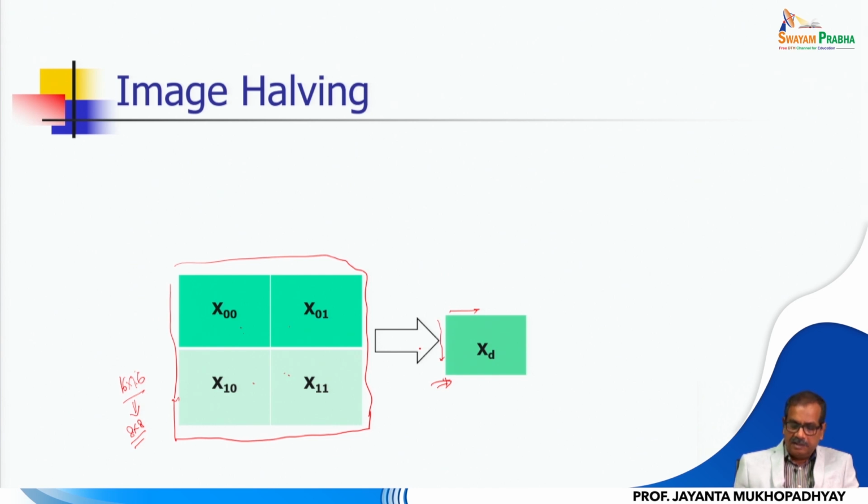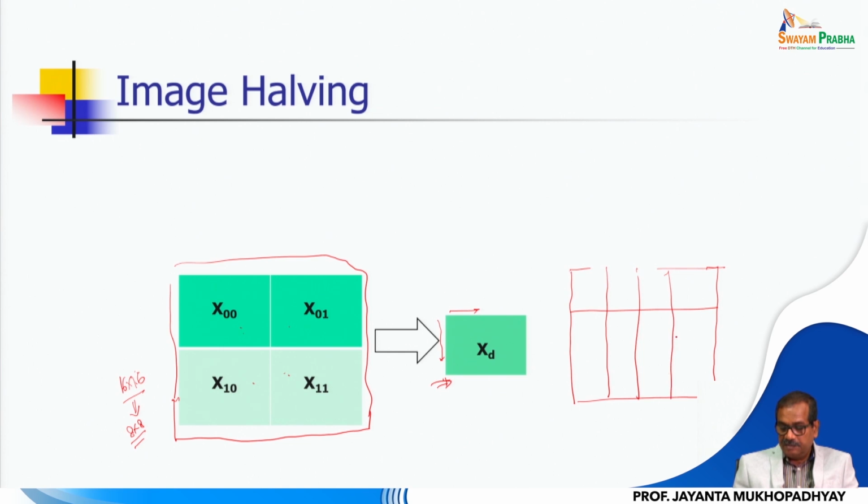So if I consider the general scenario, say you have a larger image and there is 8 cross 8 block partitioning of the image in the block DCT. There what you do is take each 4 blocks and convert them into a single block.